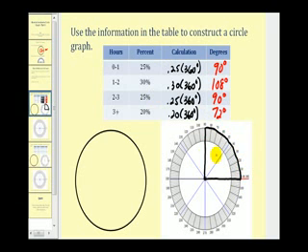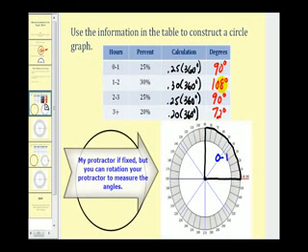We'll go ahead and label this from 0 to 1. The next category would be 108 degrees, so this would be 90 plus 18 more degrees, so maybe somewhere in here. And this represents between 1 and 2 hours.